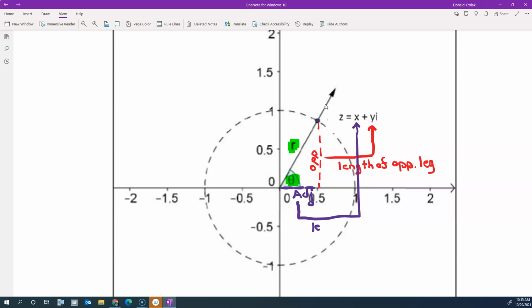So whatever this length is, that's the x-coordinate, however long that is. Right now it looks like it's 0.5.